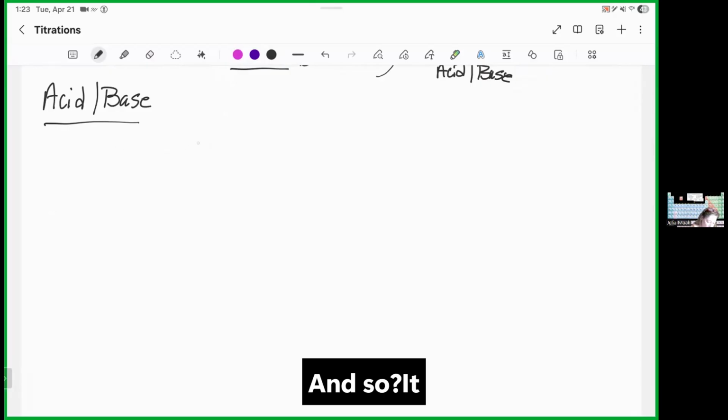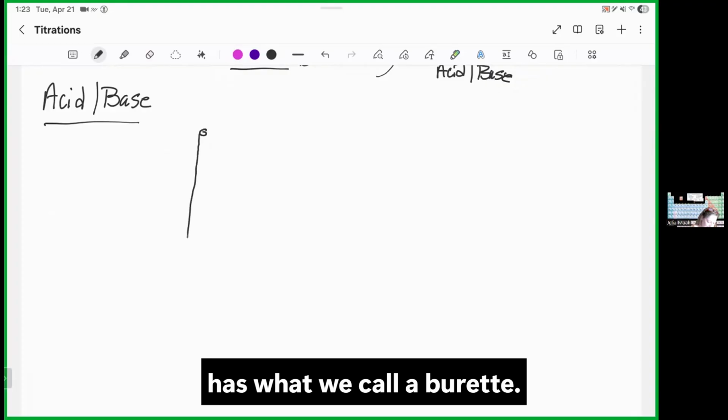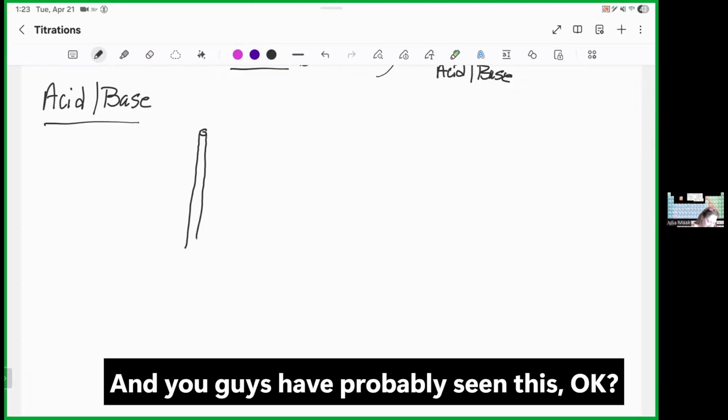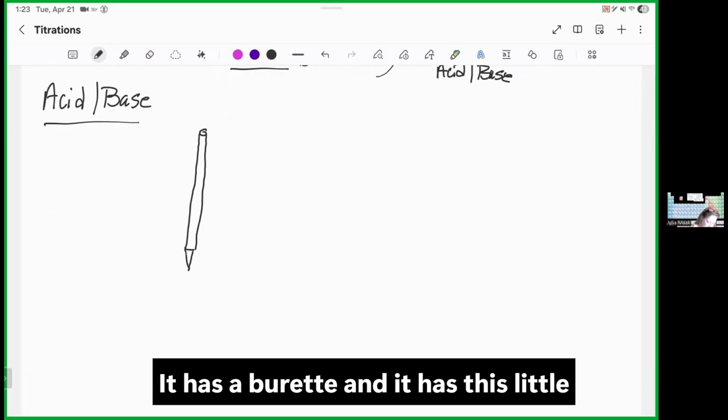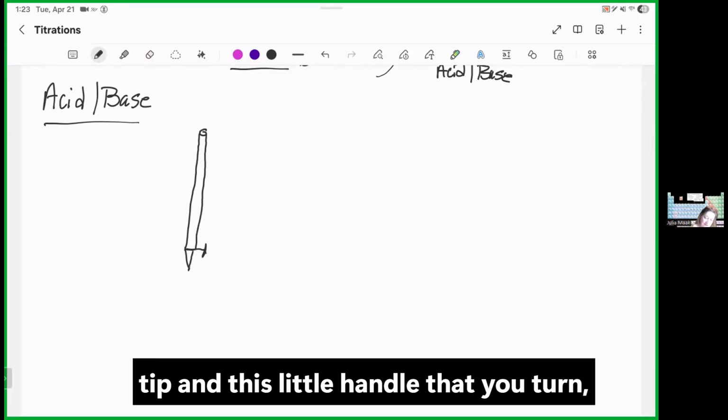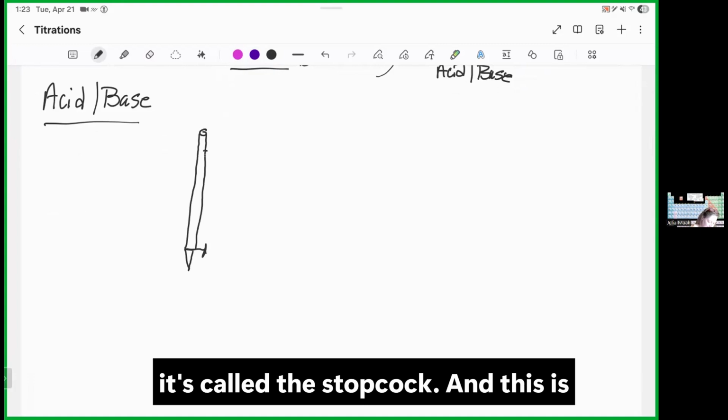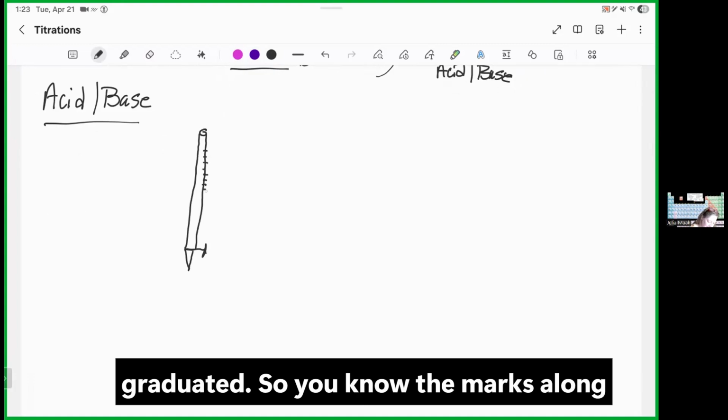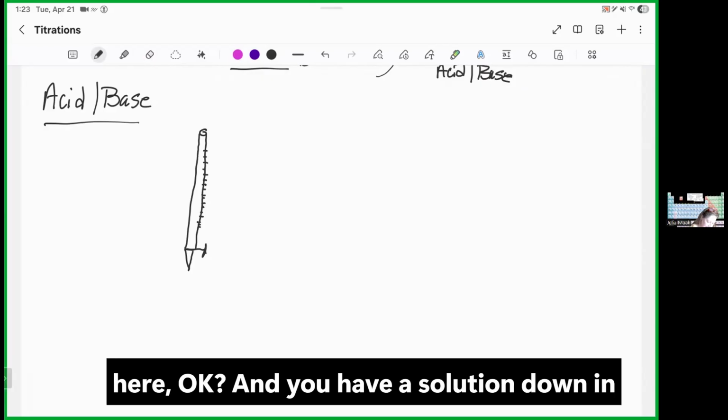It has what we call a burette, and you guys have probably seen this. It has this little tip and this little handle that you turn. It's called the stopcock. And this is graduated, so you know the marks along here. You have a solution down in here.